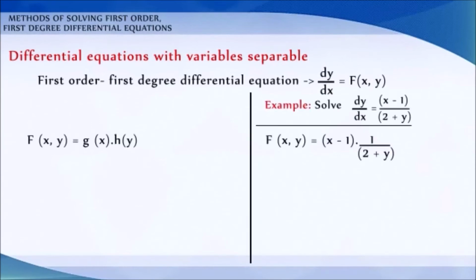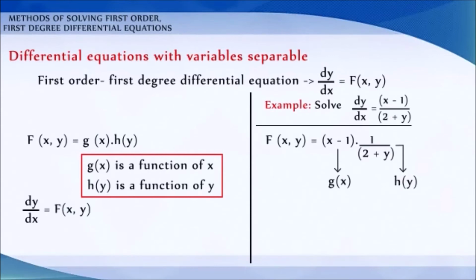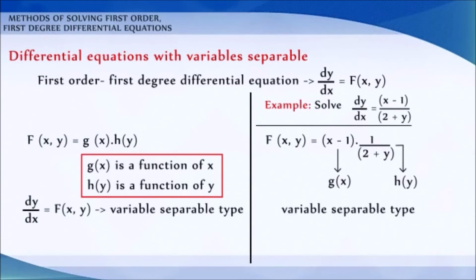If f(x, y) can be expressed as a product of g(x) into h(y), where g(x) is a function of x and h(y) is a function of y, then the differential equation dy/dx = f(x, y) is said to be of variable separable type. That is, dy/dx = h(y) g(x).